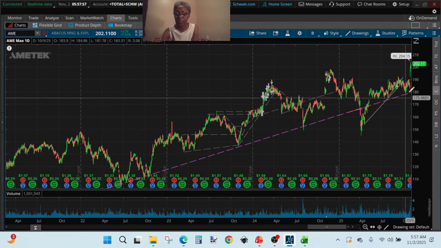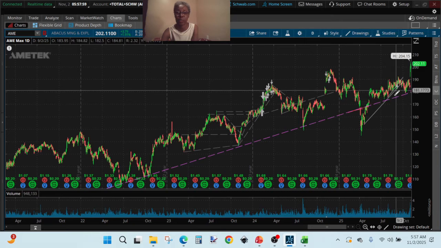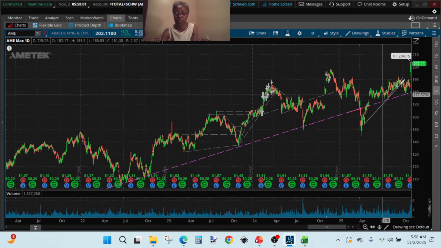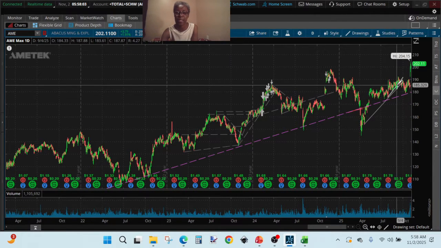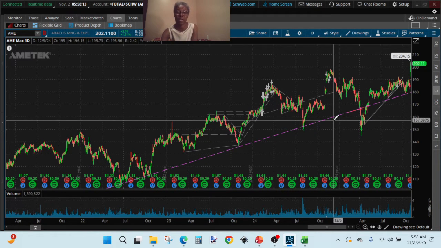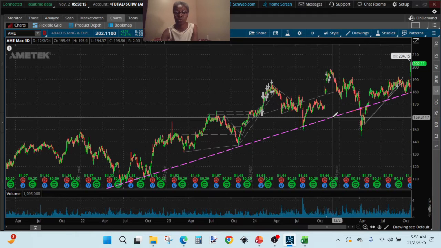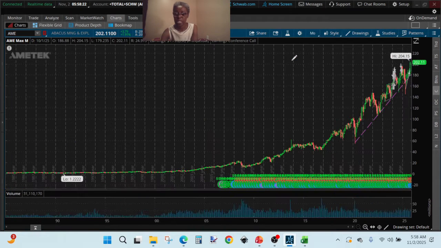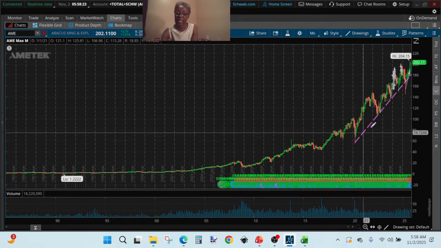So just buy it around the value line, when it starts going up from there, pulls back to it, starts going up from there, and we start seeing higher lows. Buy it and then sell it after a new high is reached. That is the long uptrend long swing trading strategy, and we do not use an indicator for it, but it's crucial to know where the value line is. So we are going to go to a maximum monthly chart, and we can see that there is a growth here.